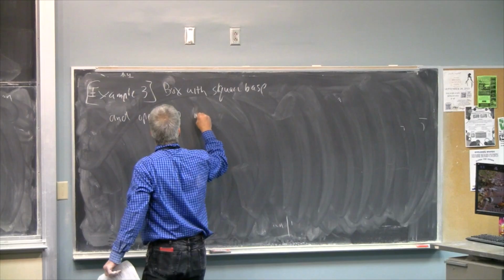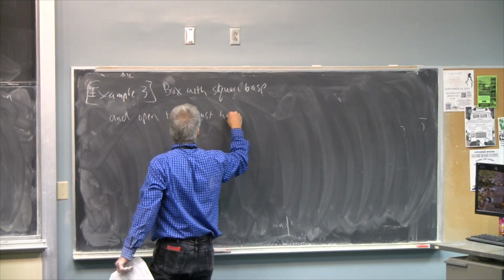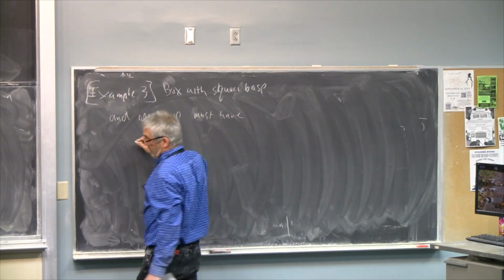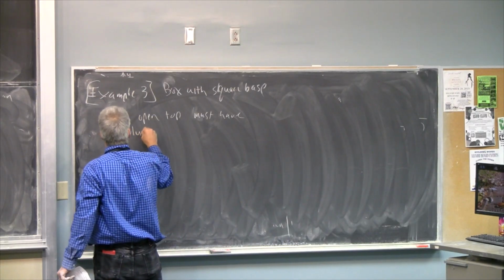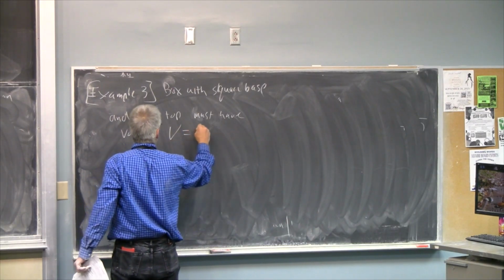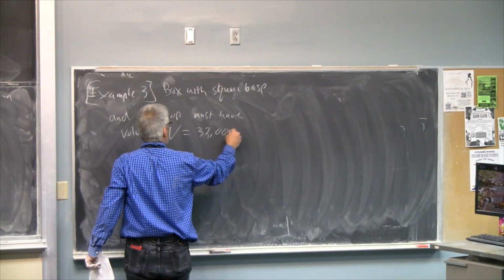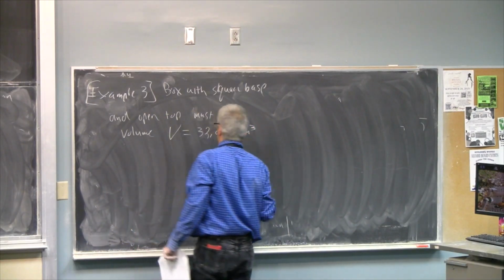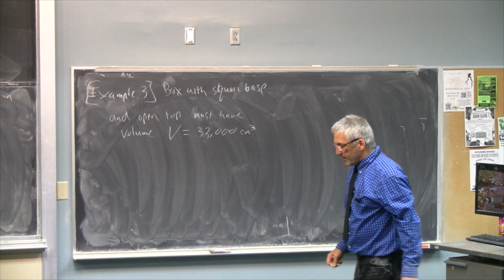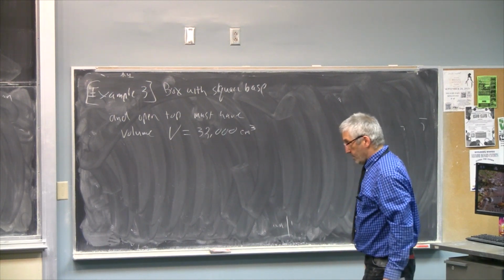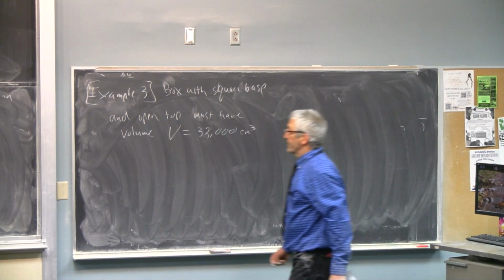It must have a volume V equals 32,000 centimeters cubed. Find the dimensions that lead to the least surface area.